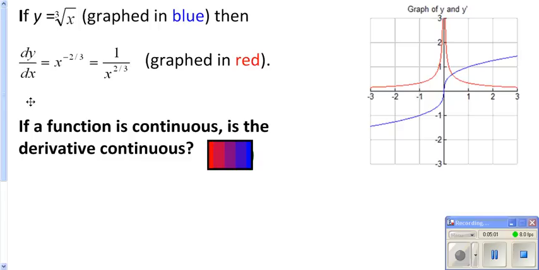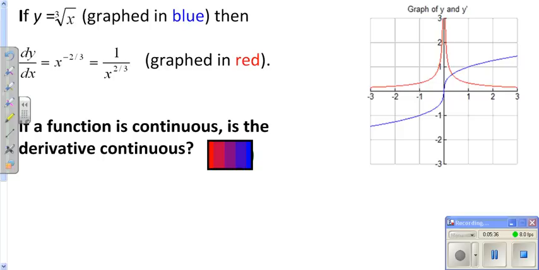So here we have the graph of our original function in blue, which is the cube root of x. We also have graphed over there our derivative of the cube root of x, which is 1 over 3 times x to the 2/3. Now, as you look over here, you'll notice that yes, you can draw your blue function without ever lifting up your pencil, so the blue function is continuous. However, the red one here has a vertical asymptote.